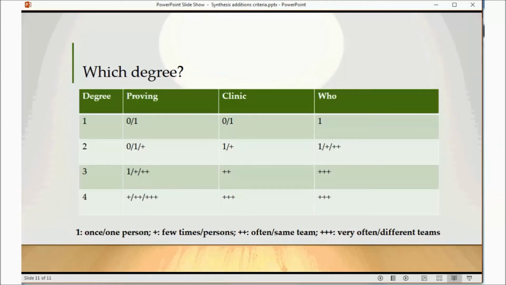So we cannot, how shall I say, bring our repertory in a certain direction by too many 3 degrees, and surely the 4th degree should be the consequence, the result of a team effort. Okay, and this is why there are only 2's here and a 3 here for the 3rd degree. Okay, so I leave this for your reflection. You can contact me on all these ideas.